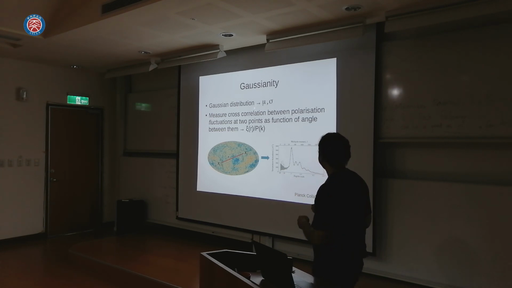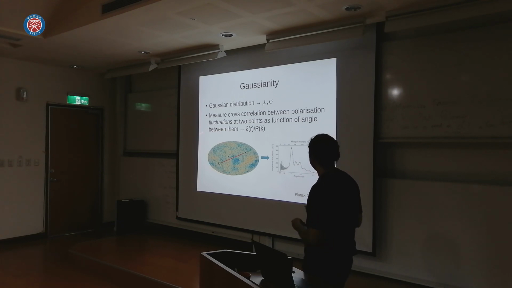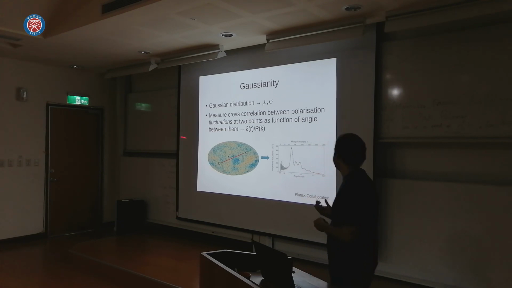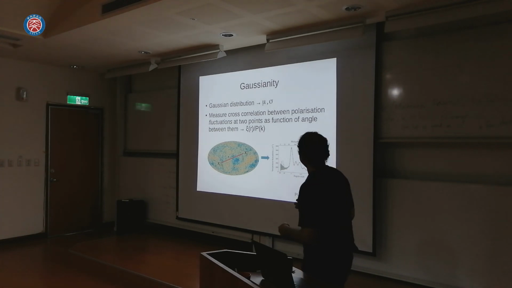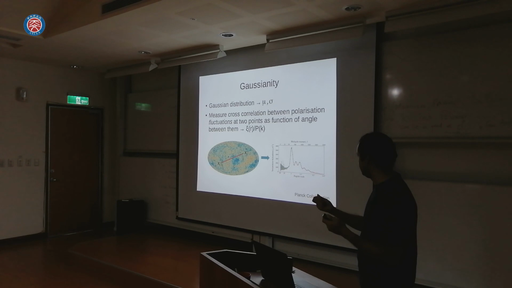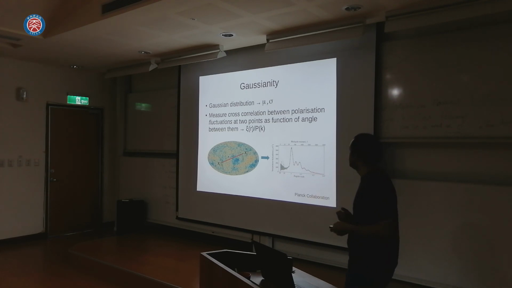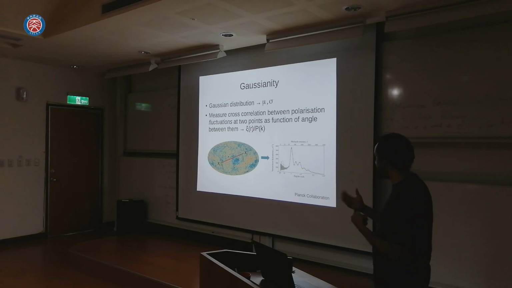So then, if we want to test for Gaussianity, we know that the Gaussian distribution is completely characterized by these two moments, the mean and the variance, well, the standard deviation in this case. Because all these fluctuations originate from quantum mechanical fluctuations, the mean should be 0, but the variance is not 0, and you can actually measure that by measuring something called the two-point function, which is just that you cross-correlate the value of the field at this point with the value of the field at another point.